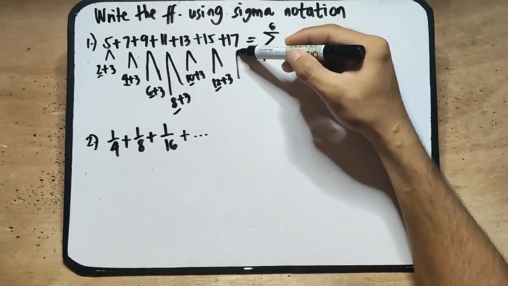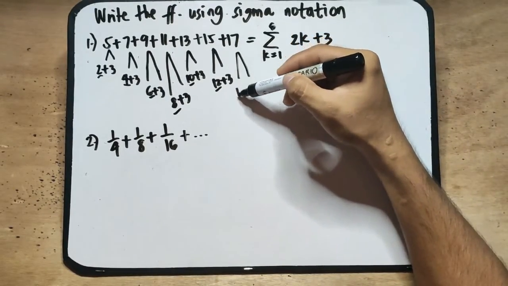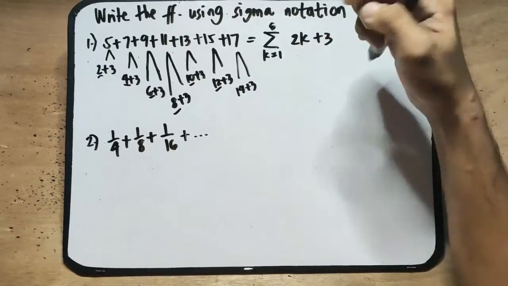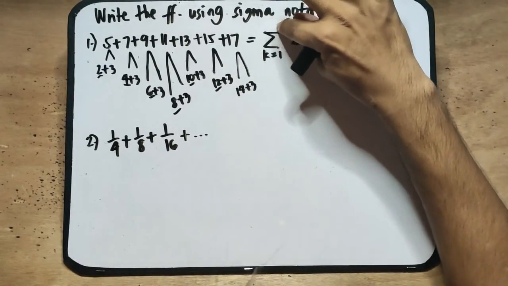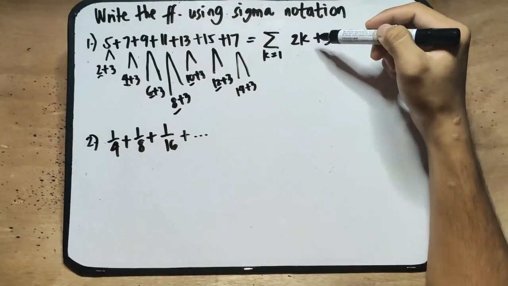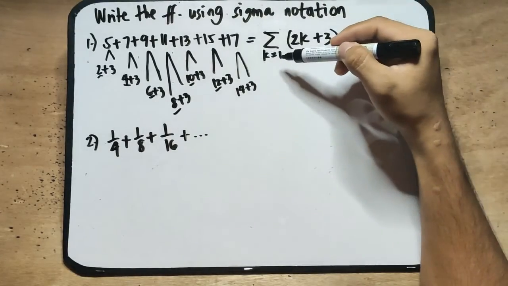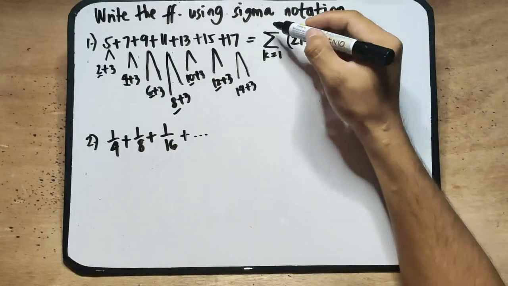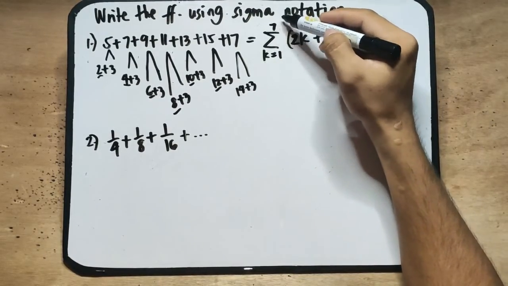Or meron pa pala tayong 17 dito. We have 14 plus 3. So, the sigma notation for this one is the summation of 2k plus 3 from 1 up to 7.